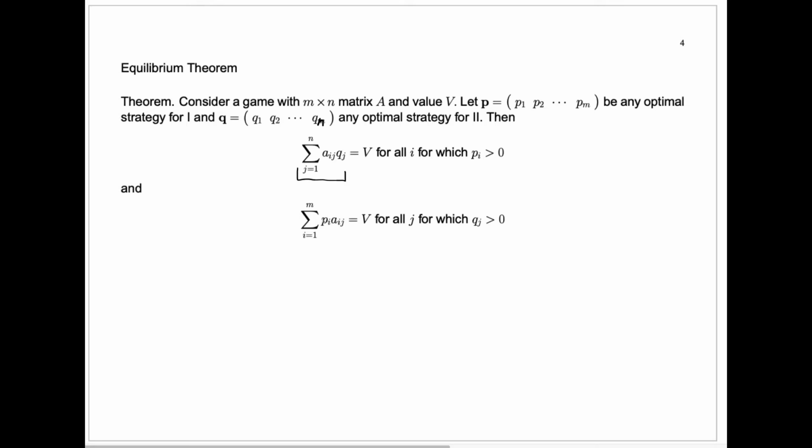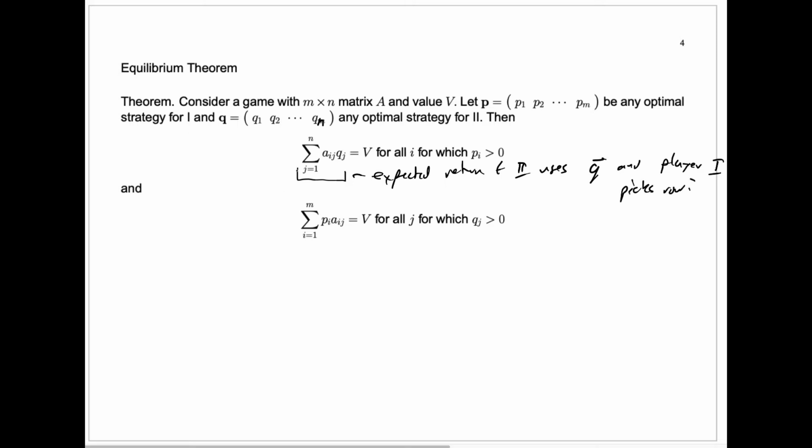What is this on the left? Again, this is the expected return if player 2 is using the optimal strategy Q, and player 1 picks row I. So what does this say?